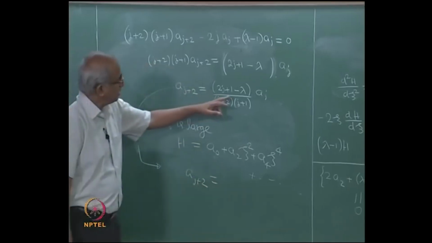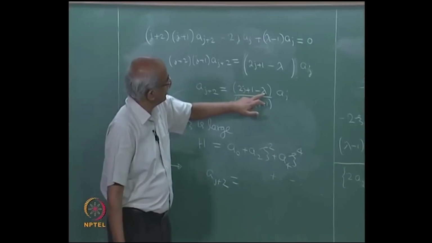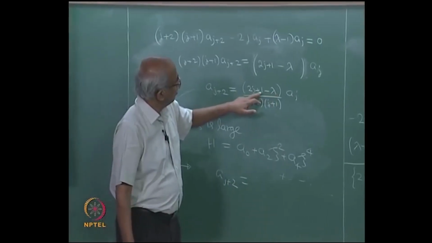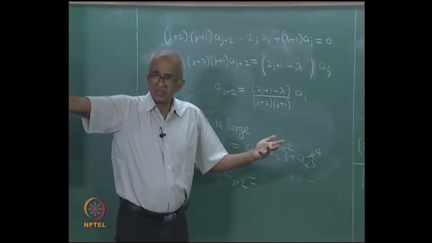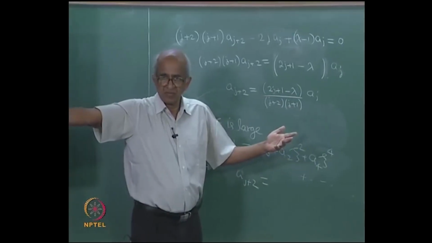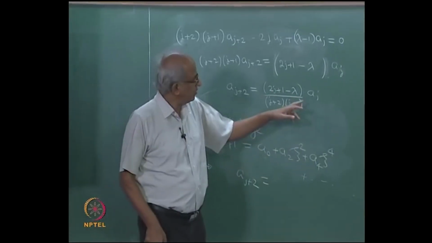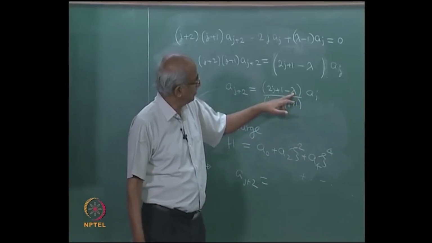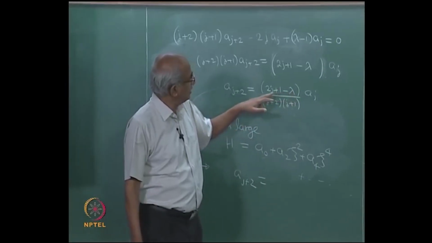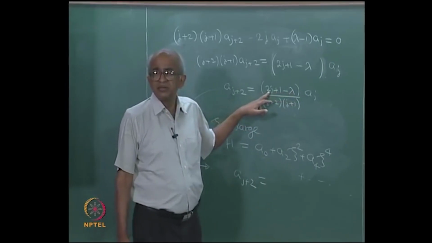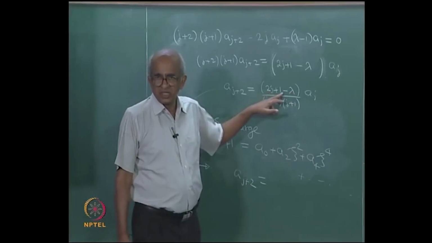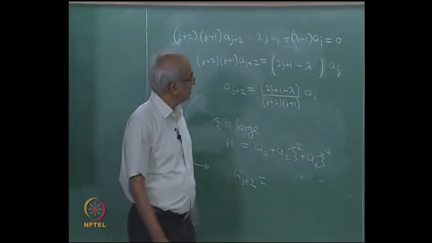If J is very large, you see, it should be possible for me to neglect this lambda or 1. Let us say J is 1000, for example, correct. Then you can neglect the value of this lambda, you can neglect 1 in comparison with 2J, right. So, what will happen?